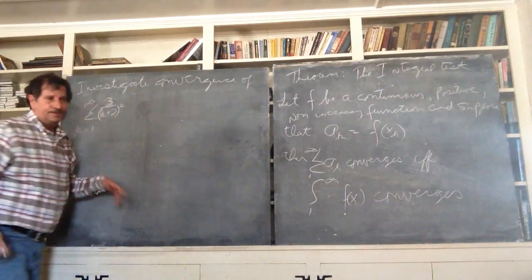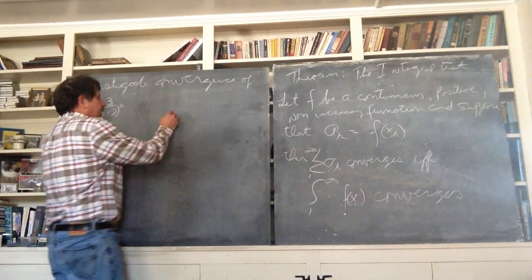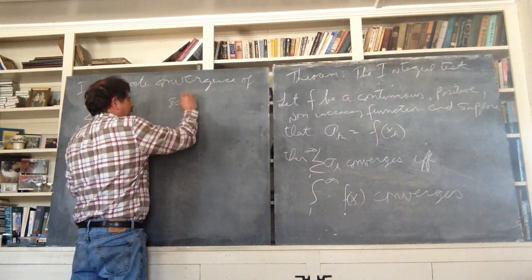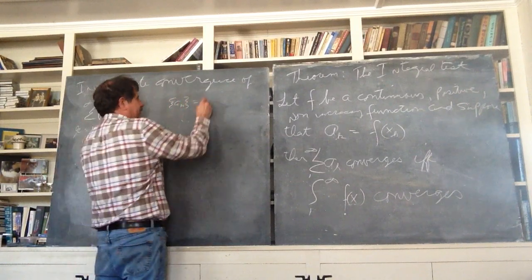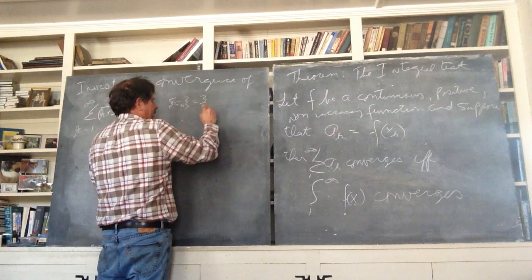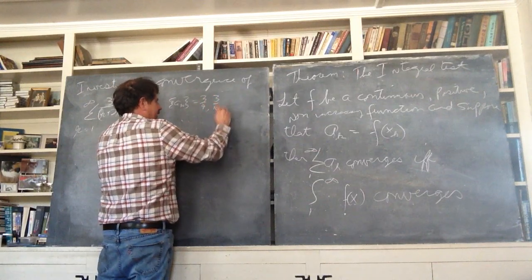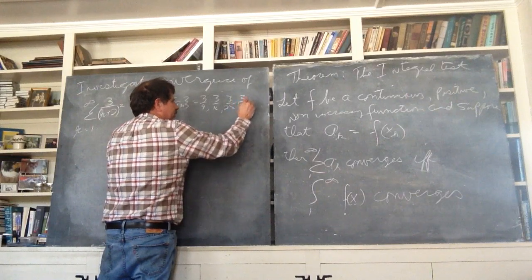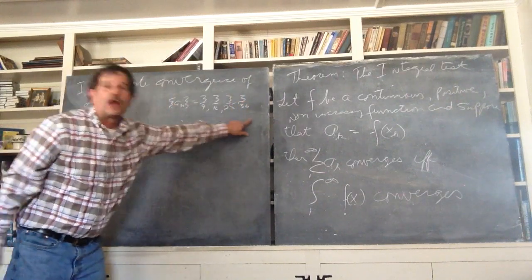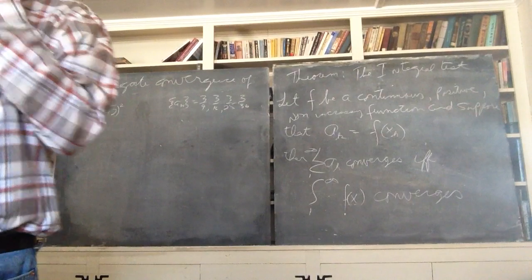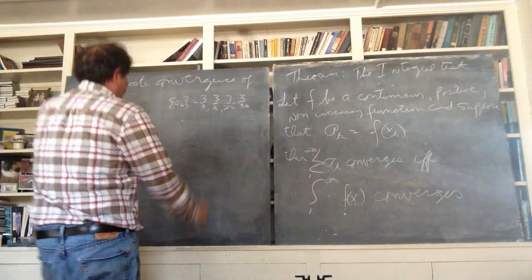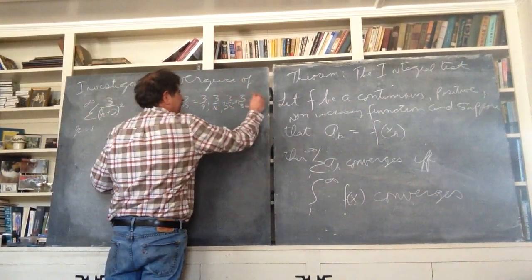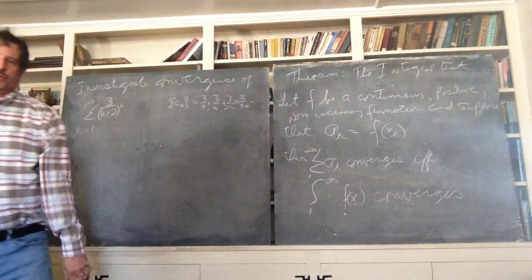By the way, the sequence a sub k looks like this: 3/9, 3/16, 3/25, 3/36. That's the sequence, and the series now we're adding them up. And we're just investigating whether, when we add up all these things ad infinitum, it converges.